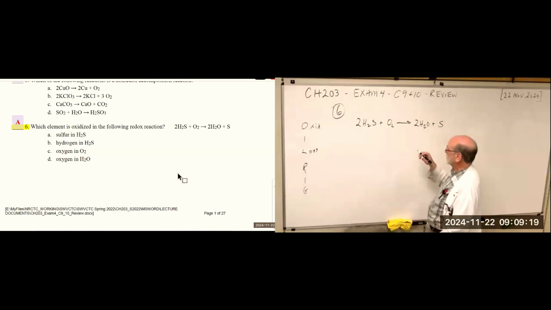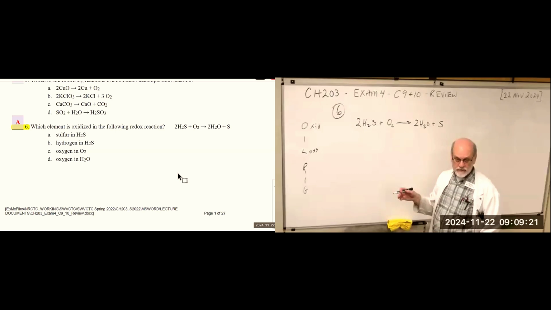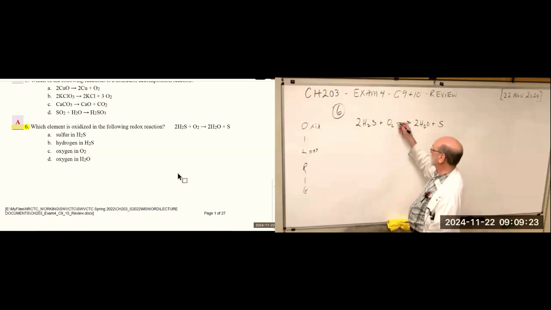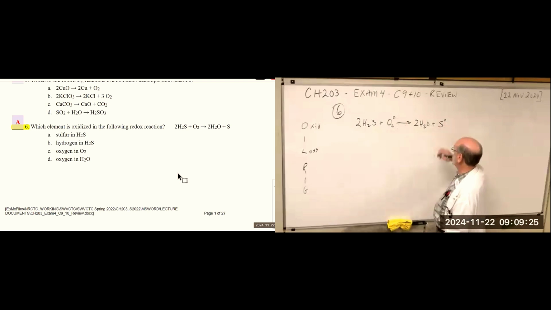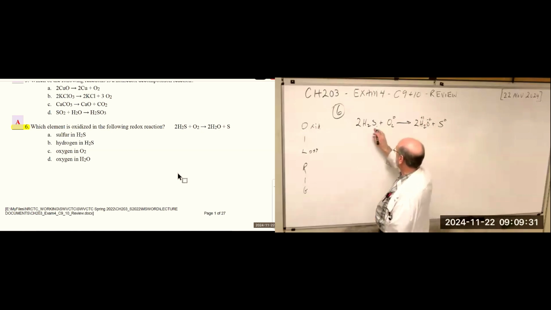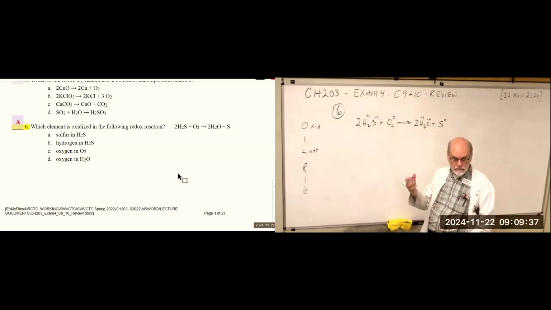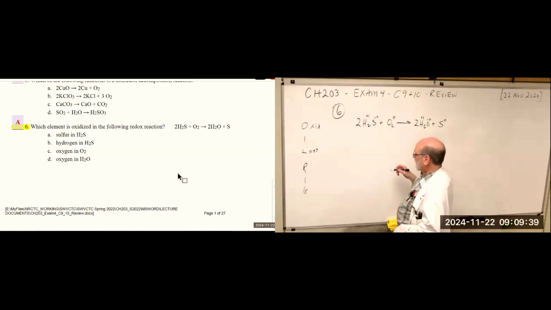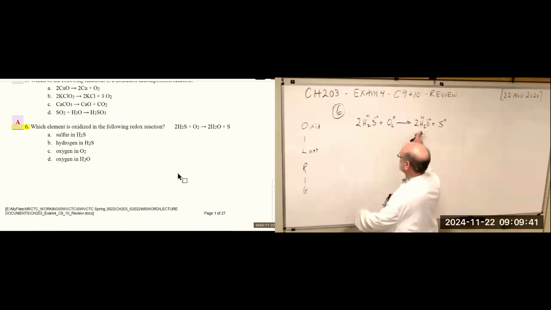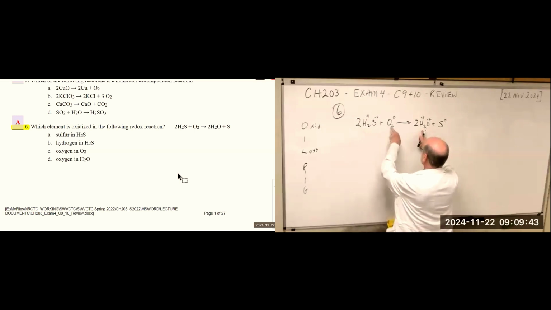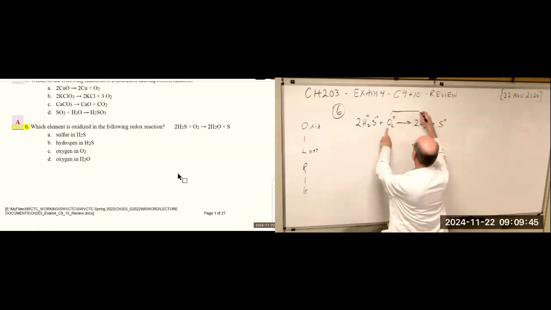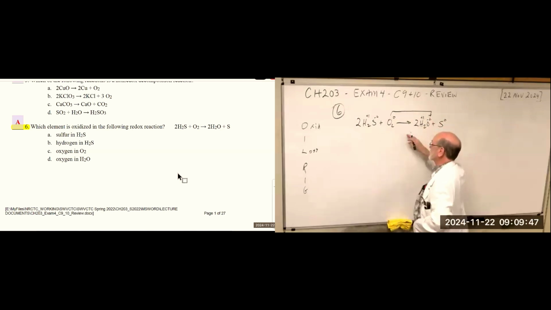So the easiest ones to do first are the elements. They're always 0. Okay, -2 for that oxygen, +1 for the hydrogen. And hydrogen is going to be a +1. That means this has to be a -2 to balance. So hydrogen didn't change. Oxygen did change. But what happened to it?